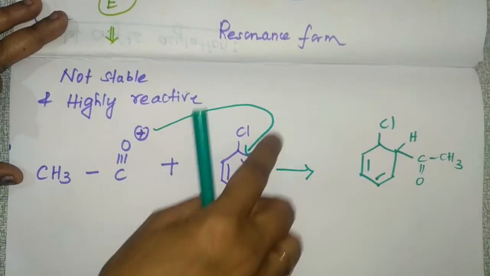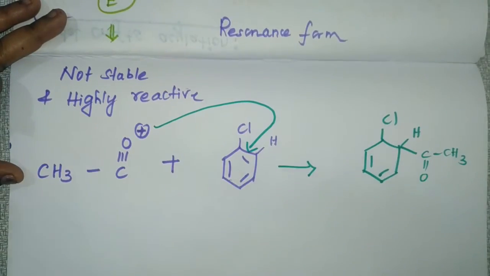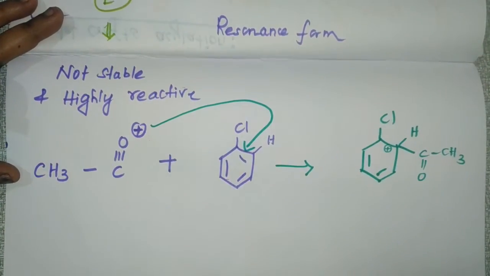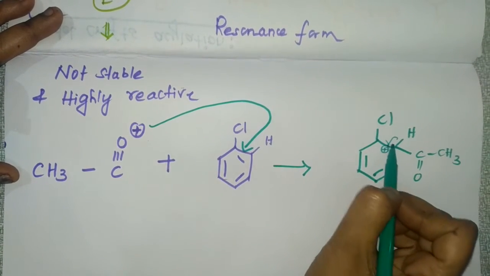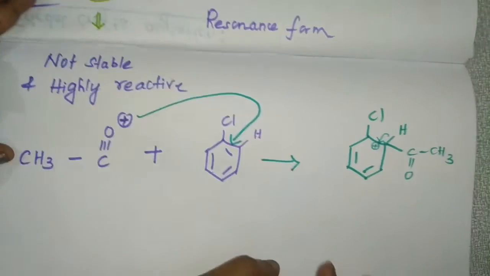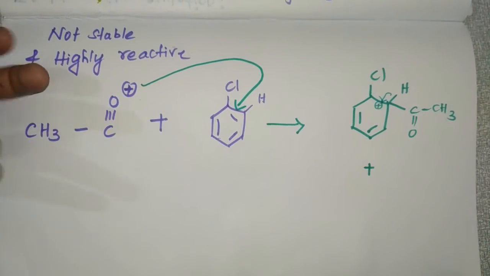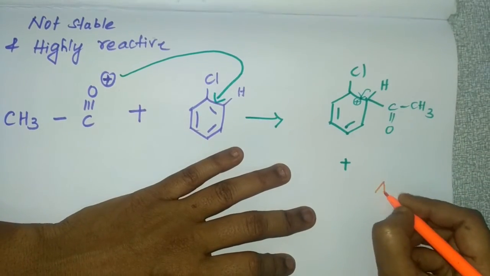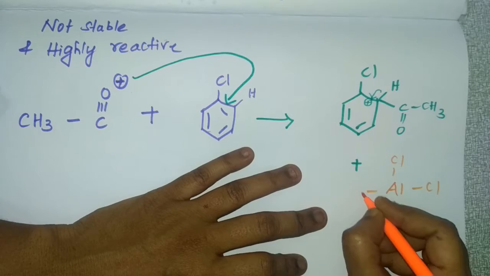Okay, after the attack of this to these pi electrons, this is the product formed. And what will be the charge here? This will become positive charge. So again, this positive charge will take the electrons from this one. To this, we are going to add the same as what we learnt in the previous alkylation: here I am going to add AlCl4.